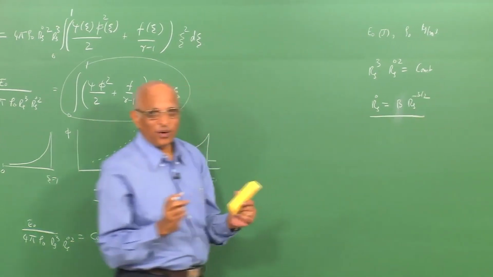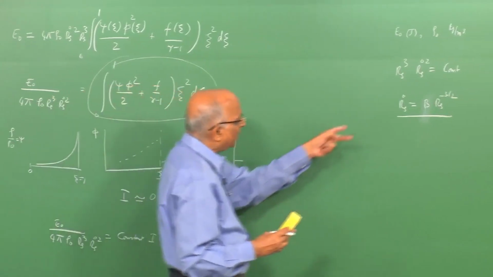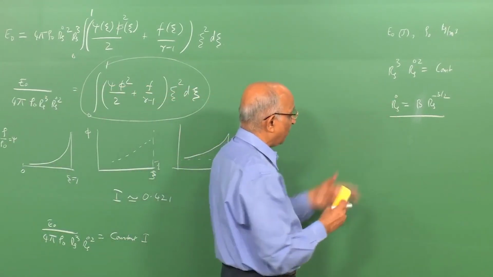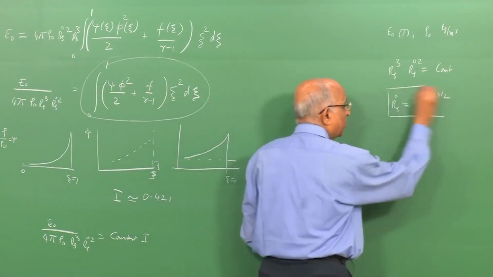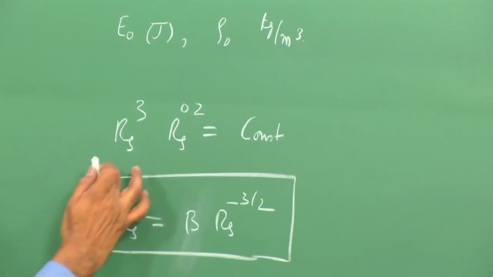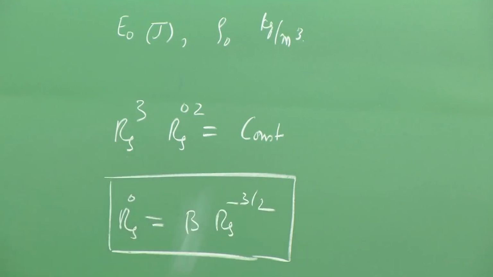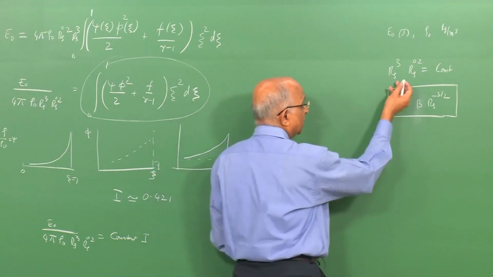Well, if you recall, in the second lecture we had used the dimensionless method of deriving the decay of a blast wave. We had got the identical expression. Let us take a look at this again. We have derived Rs cubed into Rs dot square is a constant. Let us differentiate this by parts.